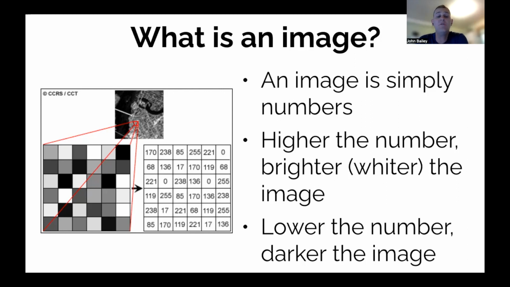So for 0, we would have a black box. For white, we would have 255. It's a binary scale we're using. Oh, sorry, it's a magnitude 2 scale that we're using here.